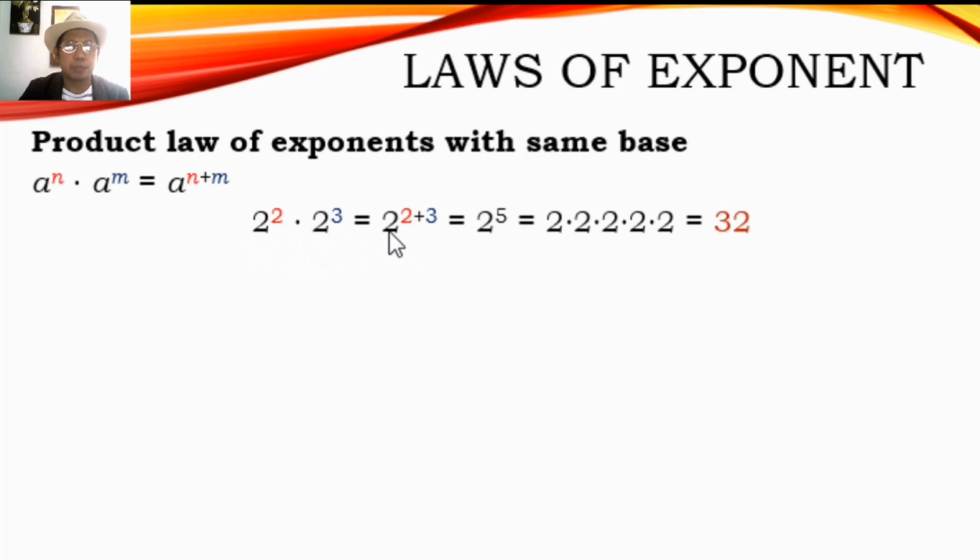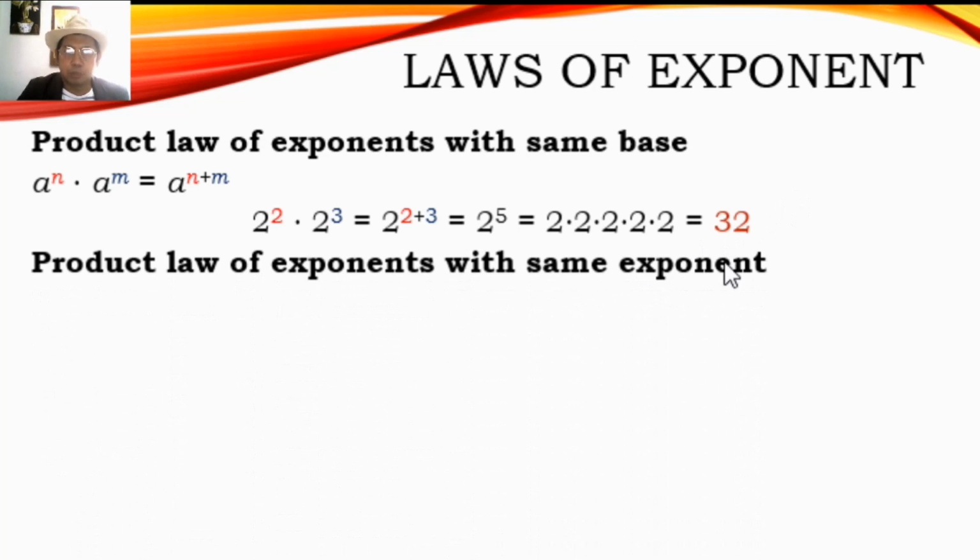I just copied the base because they have the same base, and I added their exponents, which is 2 plus 3. Now what would be the result? The result will be 2 raised to the fifth power. That is the same as saying 2 multiplied by 2 multiplied by 2 multiplied by 2 multiplied by 2 to give you a final result of 32.